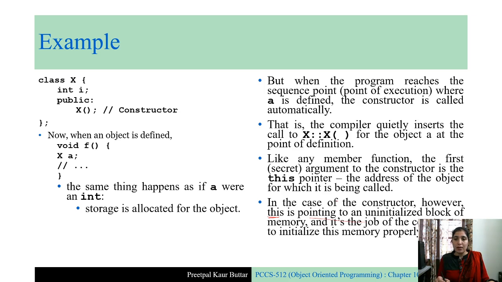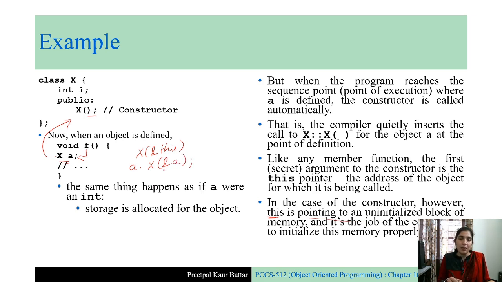Why? Because whenever you are going to create the object, the constructor is called automatically. And because the constructor is called, what are we passing to the constructor? The this pointer. So here, when the execution reaches this statement, automatically a dot x is being called, where x is the constructor, and the address of a is being passed.